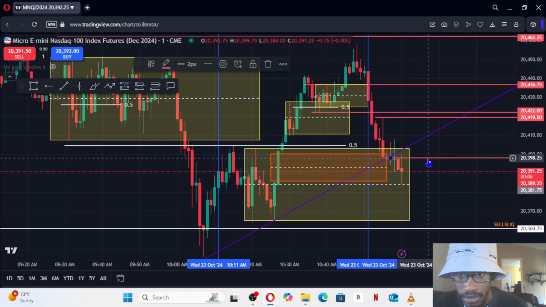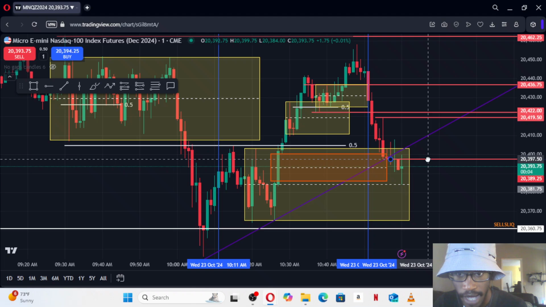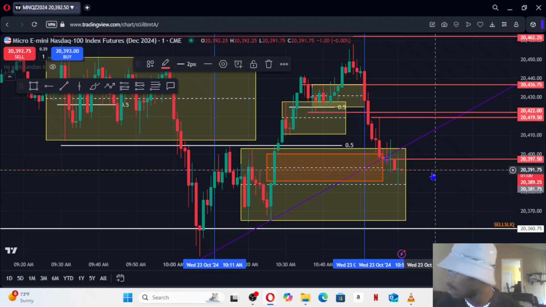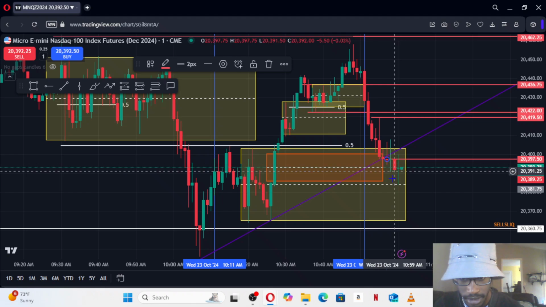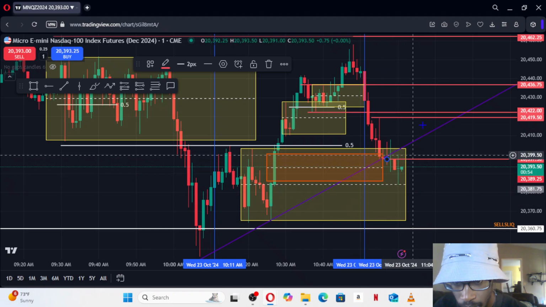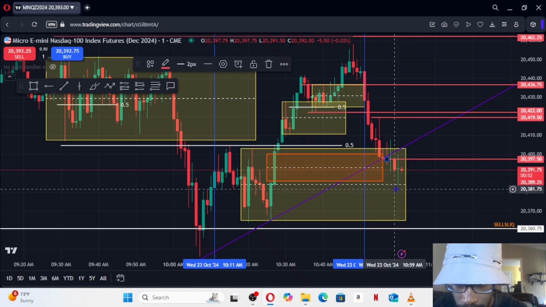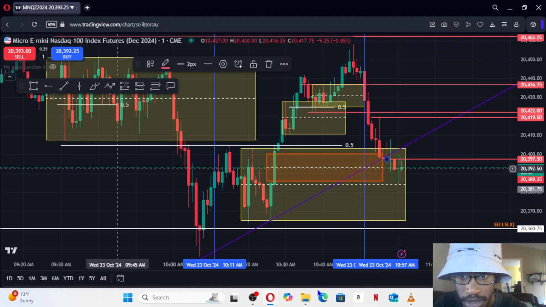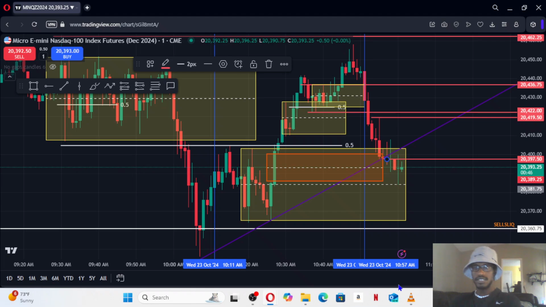Here's the low, the high of the candle that we're using since it's the last down candle. We wicked it, tapped into 50%. Let's see if we can see lower or go higher.